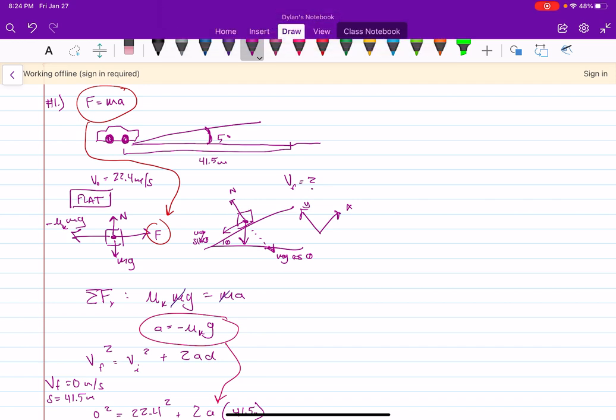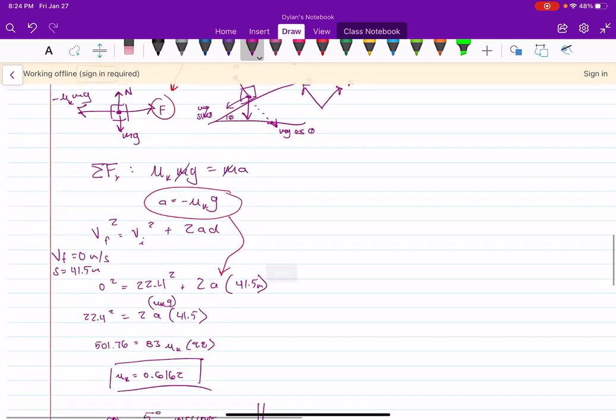However, I wanted to figure out the coefficient of kinetic friction since the car is moving, in relation to it being flat, because that would give us the most knowns.